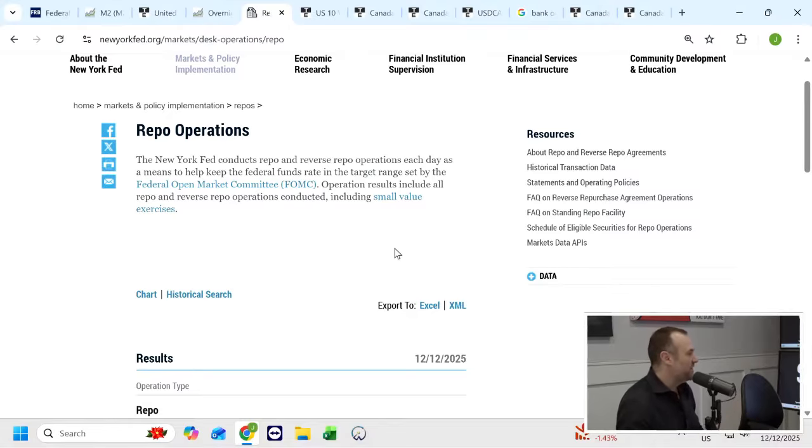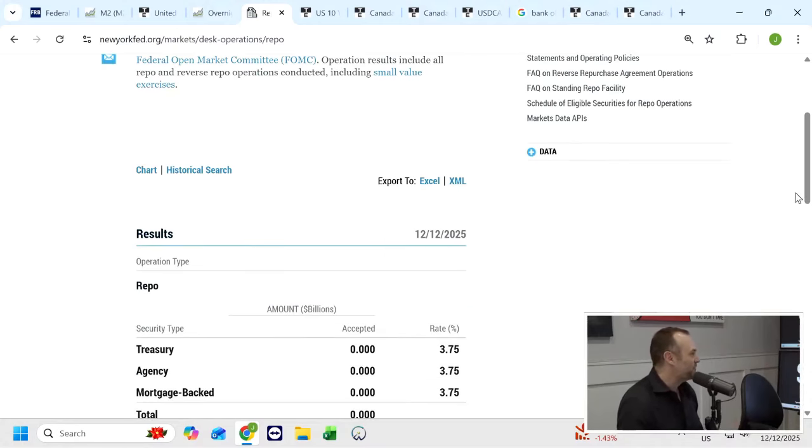When U.S. financial institutions don't have enough liquidity, they can borrow from the Federal Reserve. If the last one was their savings account, this one is their overdraft. And this overdraft is now set up for these institutions on a permanent basis. It used to have to be specially approved.